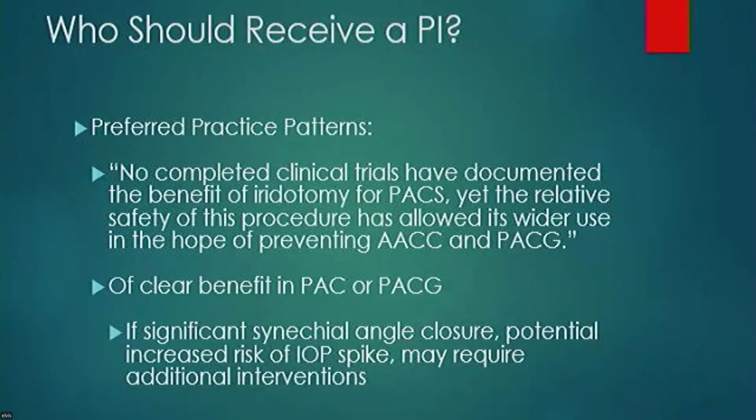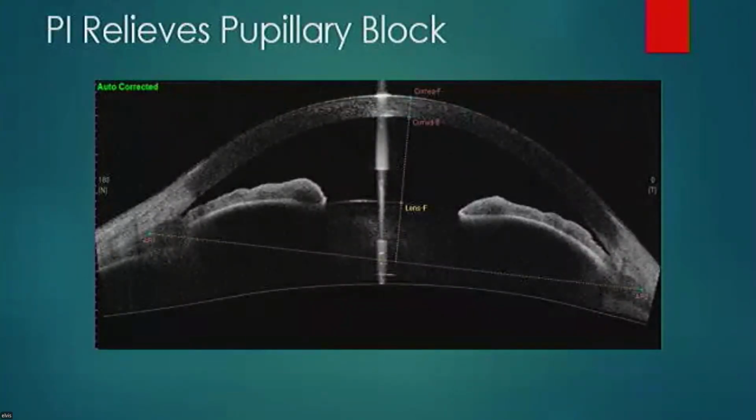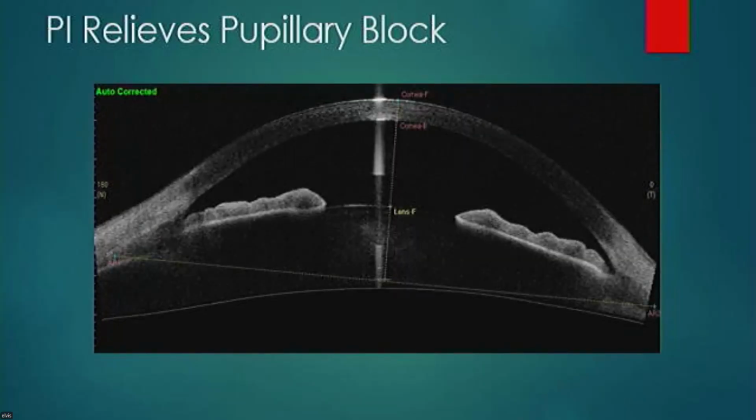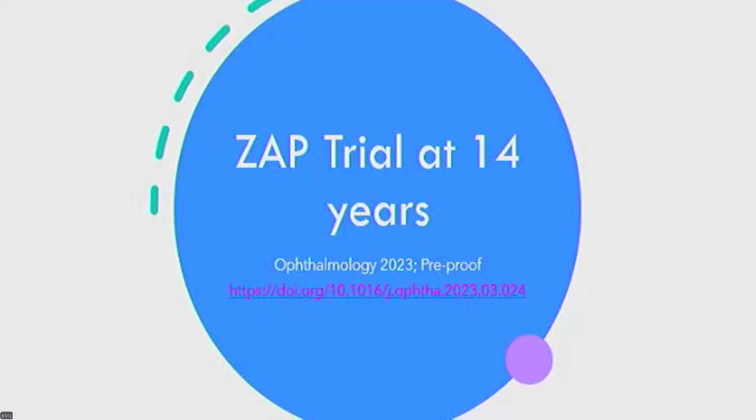But in angle closure suspects, it's still sort of on the fence, right? Whether these patients will progress to synechial closure or glaucoma or acute angle closure crisis is unclear. And so we have to recognize that PI will relieve pupillary block, but that's it. That's the only thing that a PI is treating.